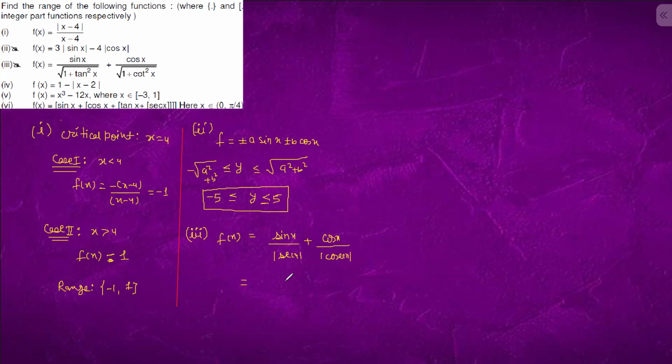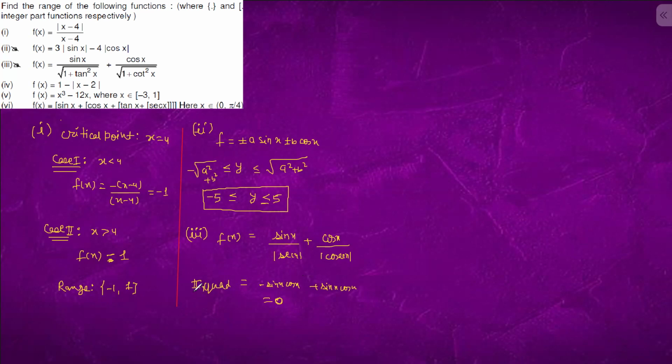So in the second quadrant, sec x will be negative, cosec x will be positive. So this is simply minus sin x cos x plus sin x cos x, which is what? 0.